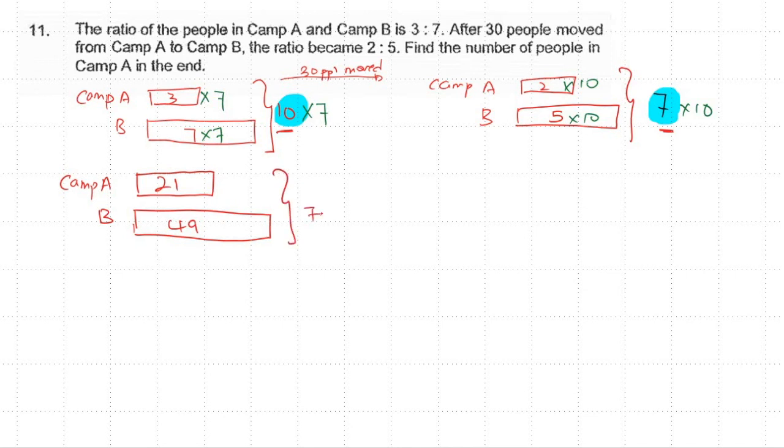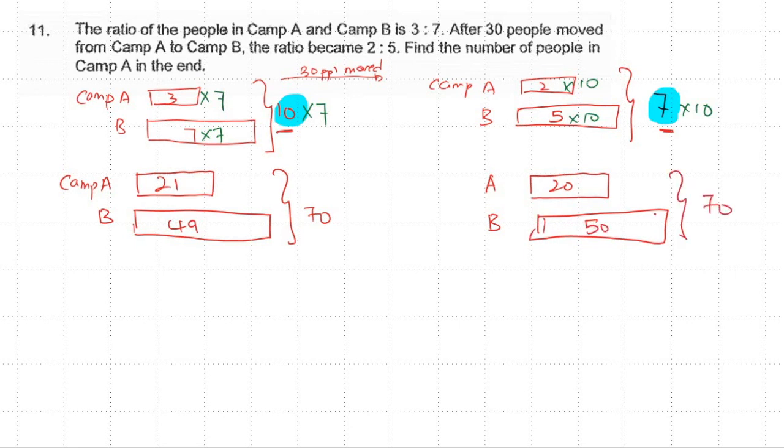So total comes to be 70. So here A and B. A will be 20. And here will be 50. Okay? So here is 70. So now it makes sense, because no matter how you change, the total remains unchanged.